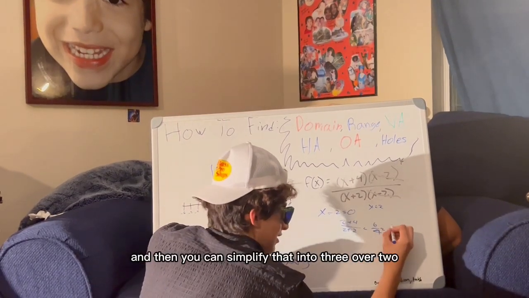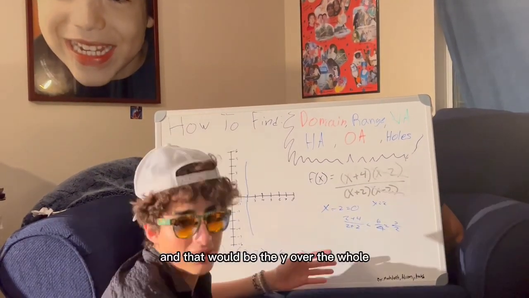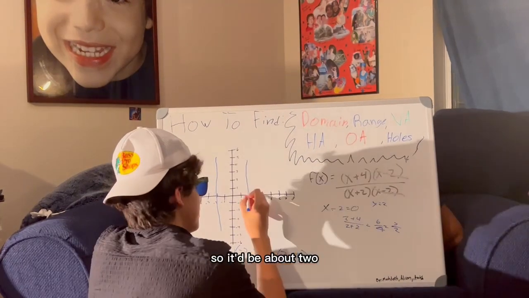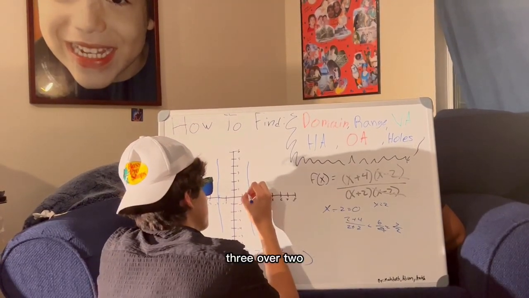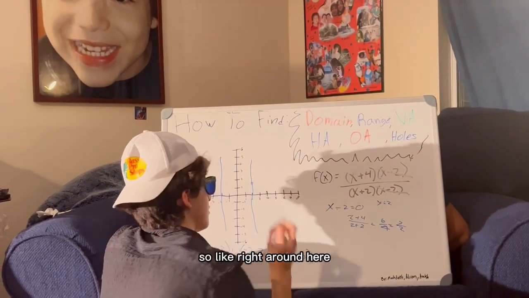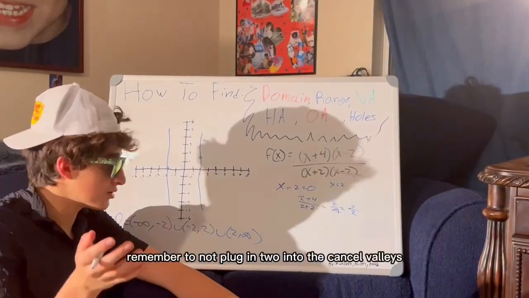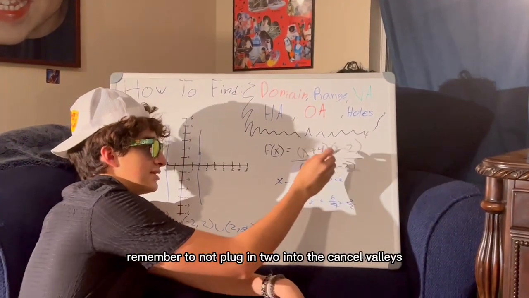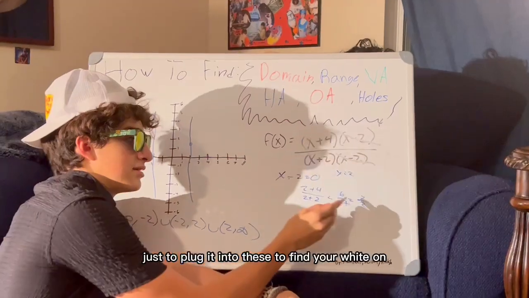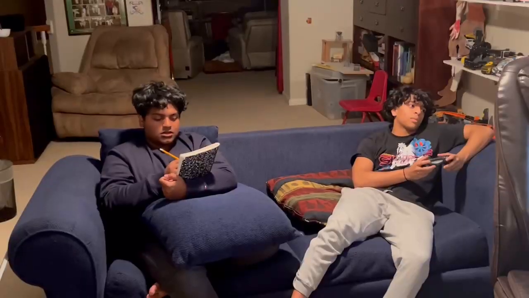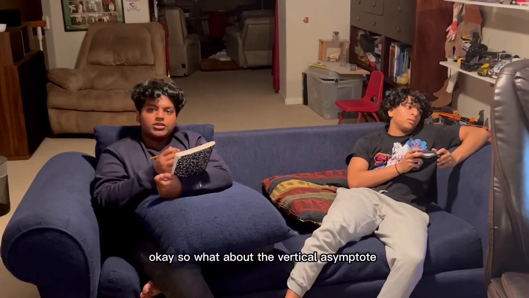And then you could simplify that into 3 over 2, and that would be the y of the hole. So it'd be about 2, 3 over 2, so like right around here. Oh, and also remember to not plug 2 into the canceled values, just plug it into these to find your y value. Okay, so what about the vertical asymptote?